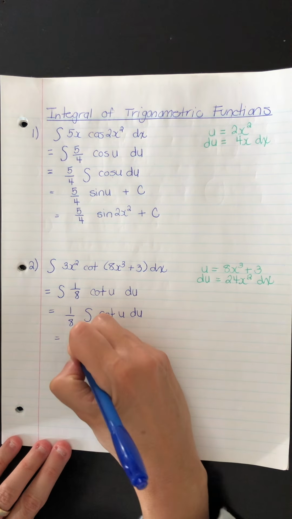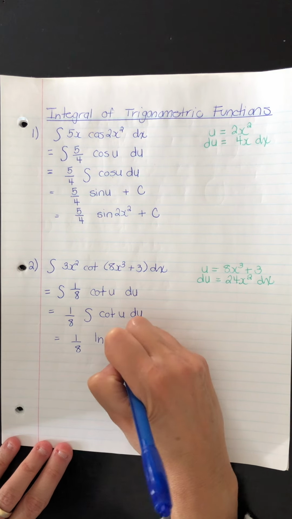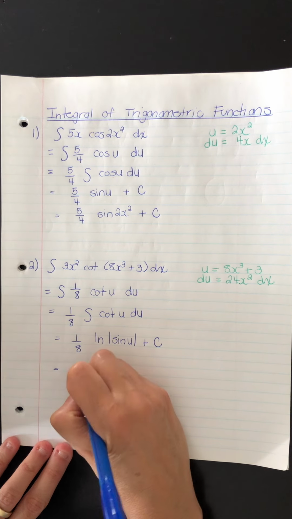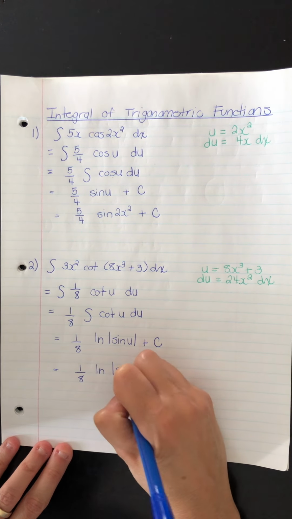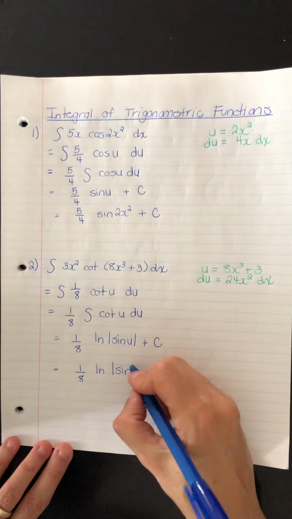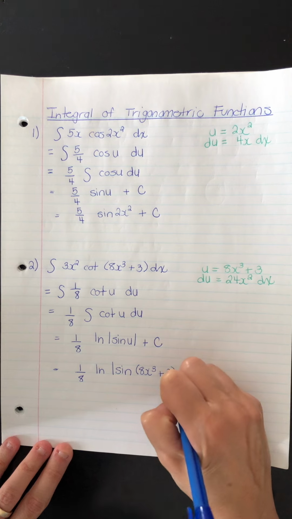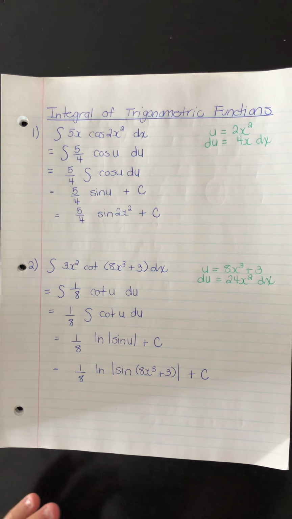So we end up with 1/8 times the ln of the sine of u plus c. Once again, in the final answer, remove u and put back 8x cubed plus 3. Okay, so that's the second example completed.